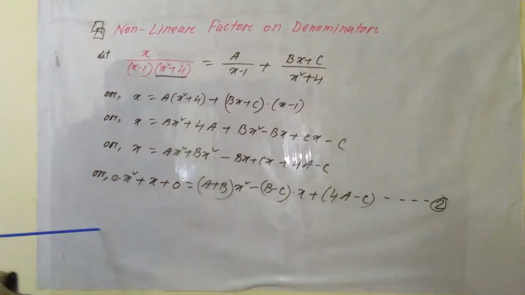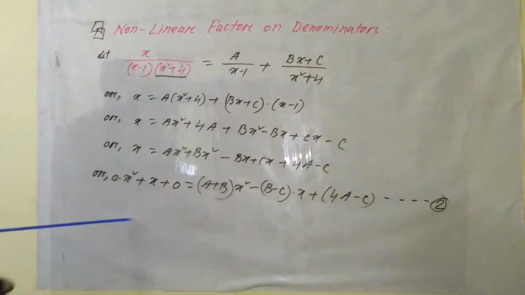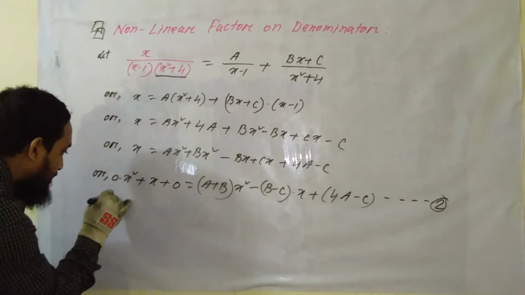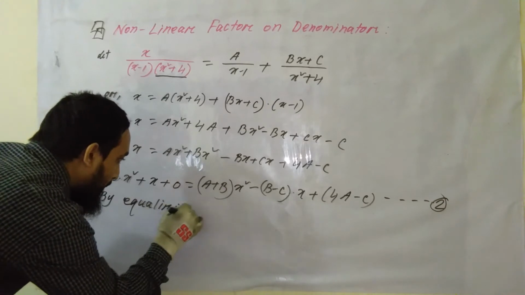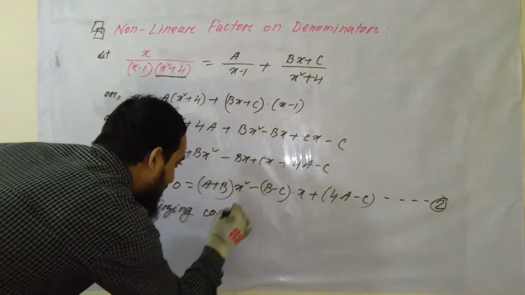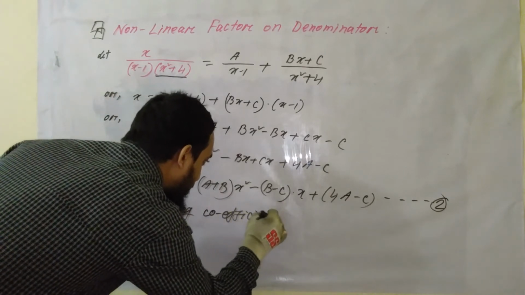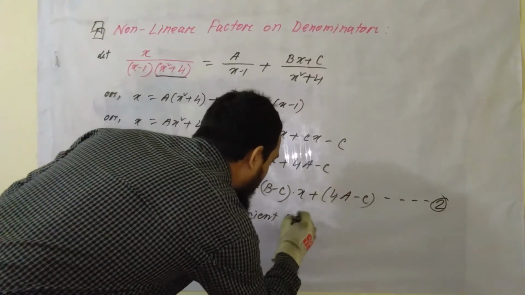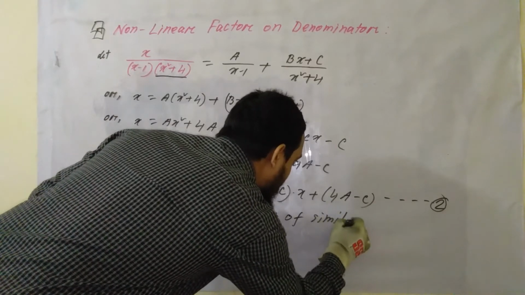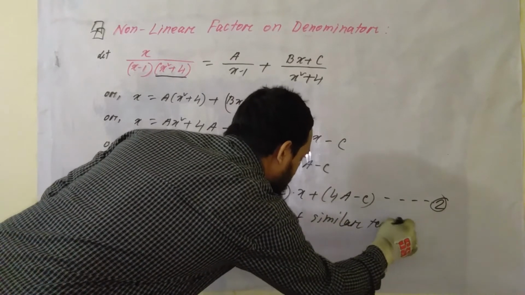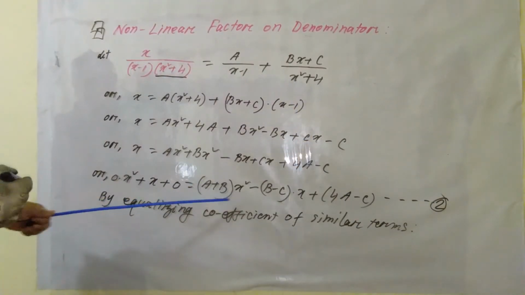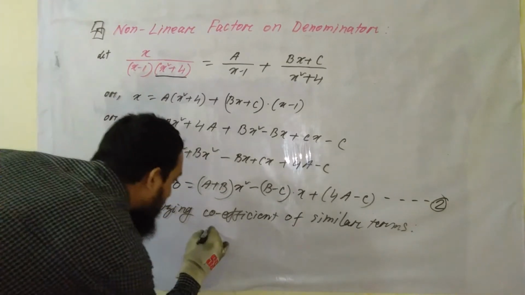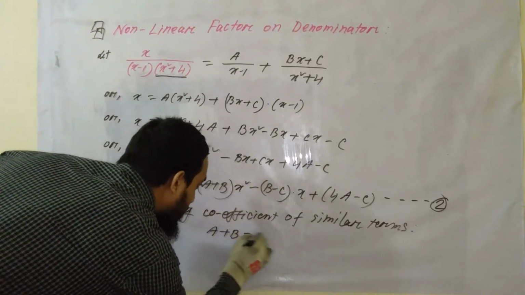Now look, we have a similar outlook. If we equalize the coefficients of similar terms from both sides of equation 2, what are you going to have? The coefficient of x square is a plus b, and here 0, so a plus b is equal to 0.